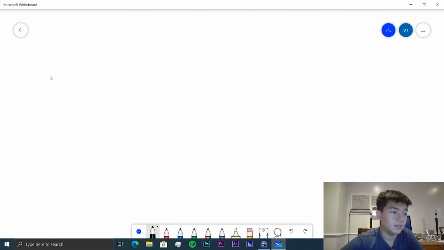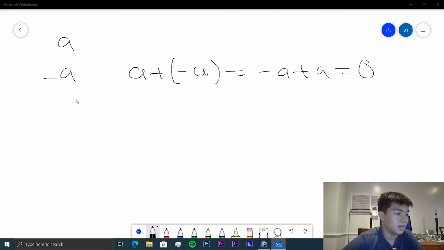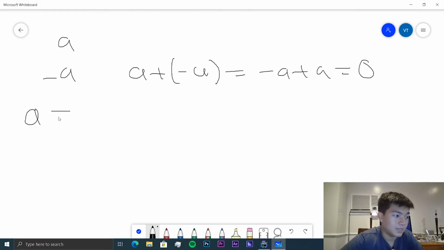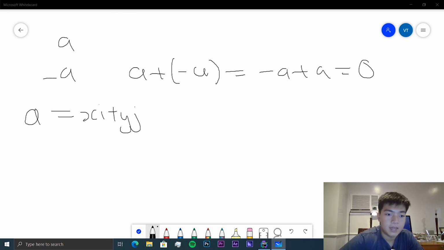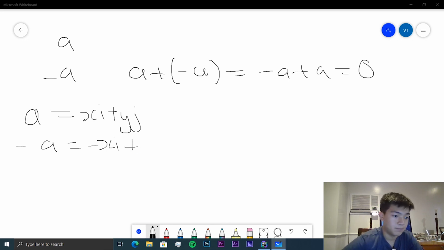Next, for opposite elements. So for all vectors A, there's an opposite element, negative A, such that A plus negative A is equal to negative A plus A is equal to 0. And so we simply let A is equal to Xi plus Yj. So negative A is equal to negative Xi minus Yj.